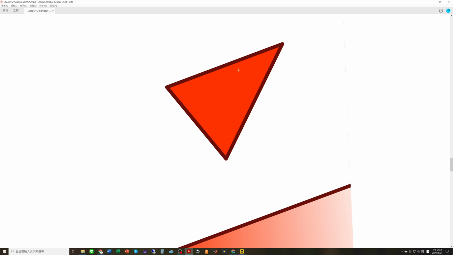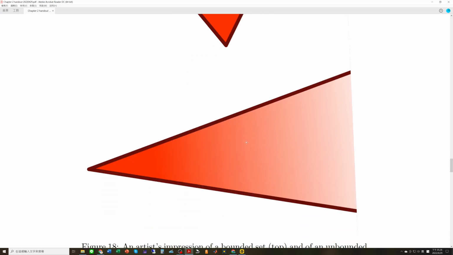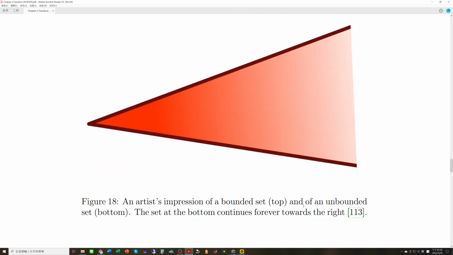What does the size of this set mean? In the two-dimensional plane, it means the area of this triangle. And of an unbounded set at the bottom. This is an unbounded set, because the area inside the angle is infinite.